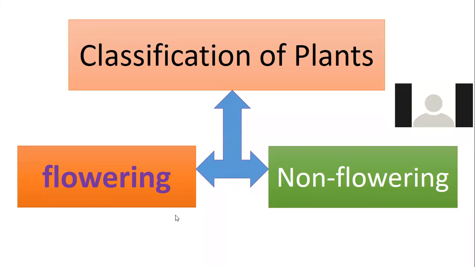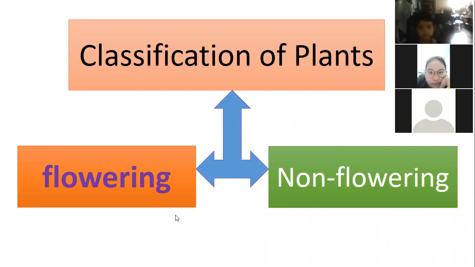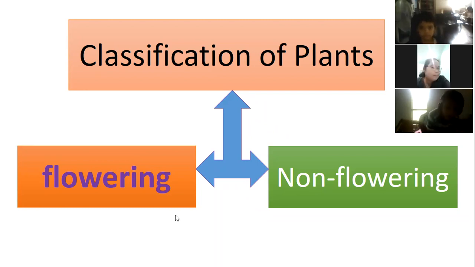Midokmai. Another one, a plant that has a flower or can give flower. Nobody? Who's this? Pia. Yes, Pia. Mangoes. Very good.